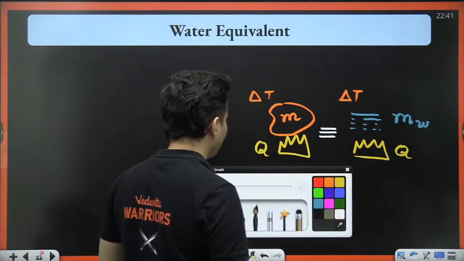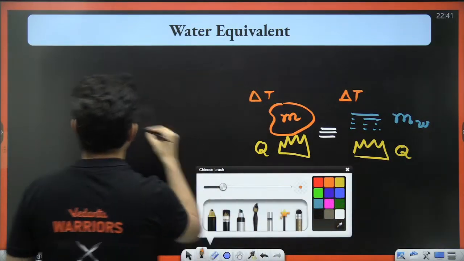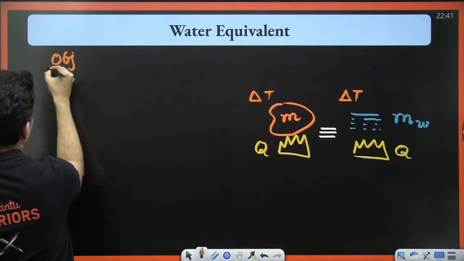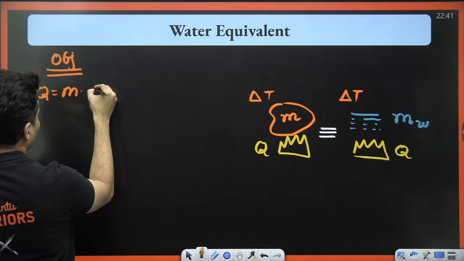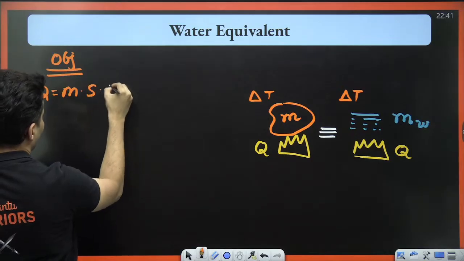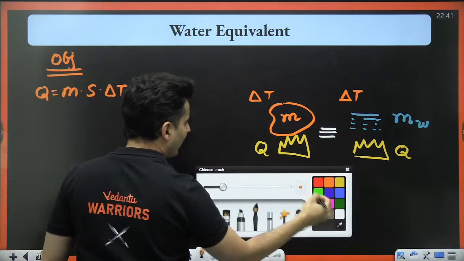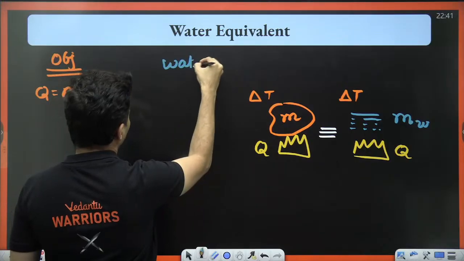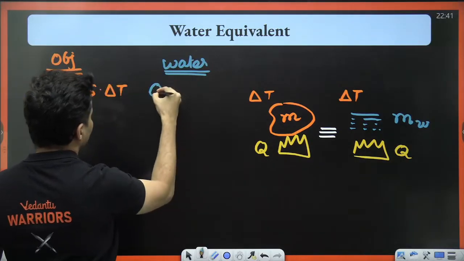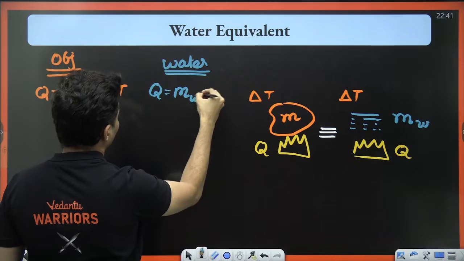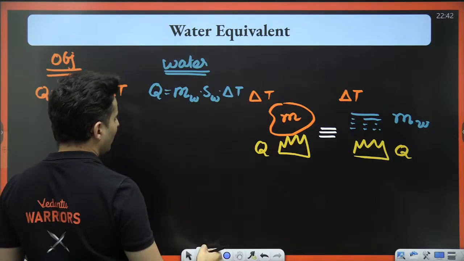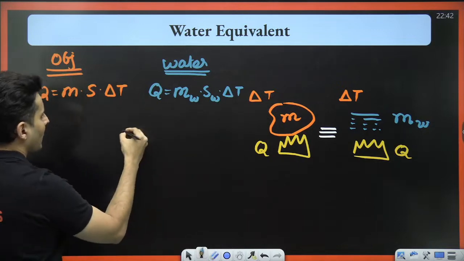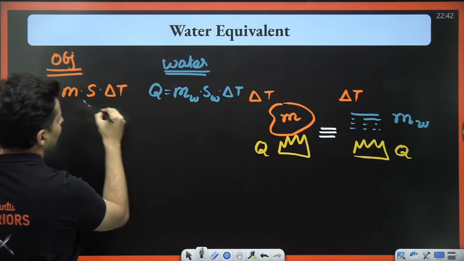So I can then say for that object, Q is equal to mass of the object into specific heat capacity of that object into delta T. Whereas for the water, same heat, mass of water, specific heat capacity of water into delta T. So because both of them are equal, I can then equate these two.